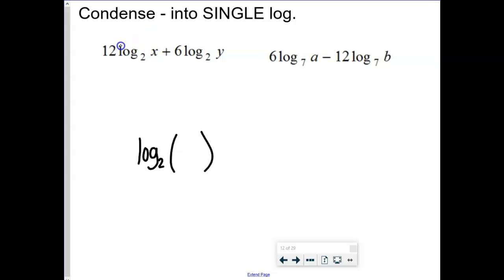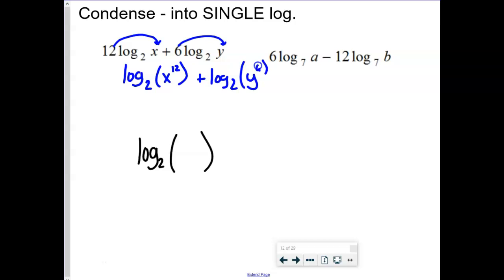All right. So one of the things we have to do is the exponents have to go back up into the exponent position. So maybe mentally and maybe not, you're rewriting this as log base 2 of x to the 12th power plus log base 2 of y to the 6th power. That is not condensed. What I like about condensing is clearly you're done when you have one logarithm.